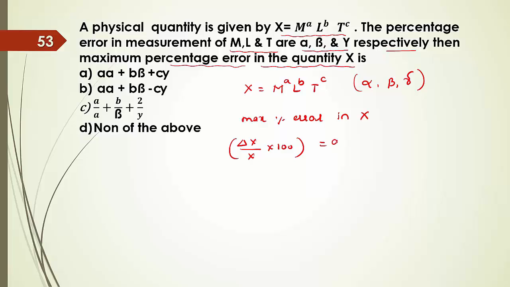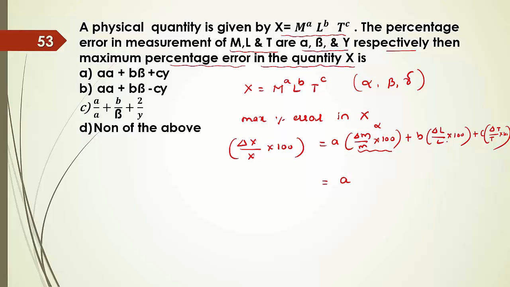So I can write a into delta m over m into 100 plus b into delta l over l into 100 plus c into delta t over t into 100. Right? Now, a keep as it is. Delta m over m into 100 is what? Error in mass. It is already given how much? Alpha.